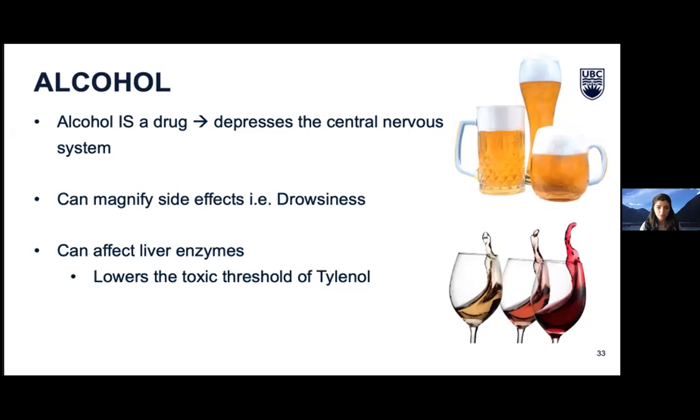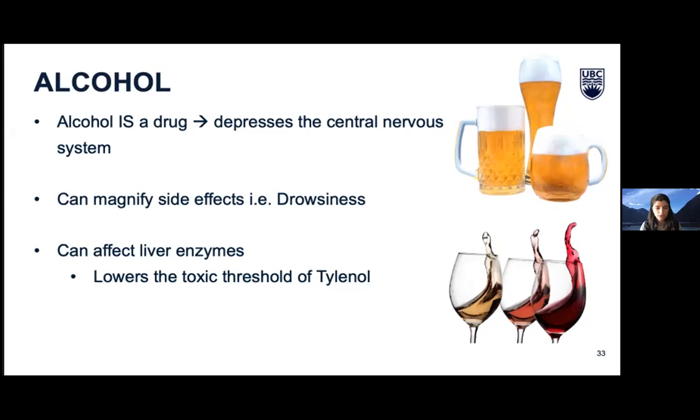And it's also known to affect liver enzymes. A primary example of this is with Tylenol, where it can competitively inhibit the same enzyme that's needed to metabolize Tylenol, which can lower the amount of Tylenol that you need to take in order for it to become toxic.